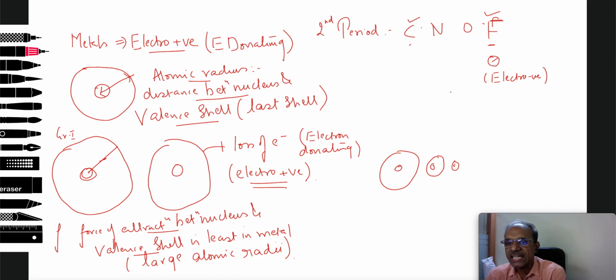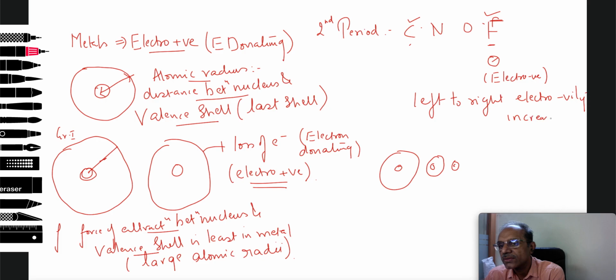That means, can I say from left to right, electronegativity increases. Similarly, from left to right, electropositivity decreases. Fine.